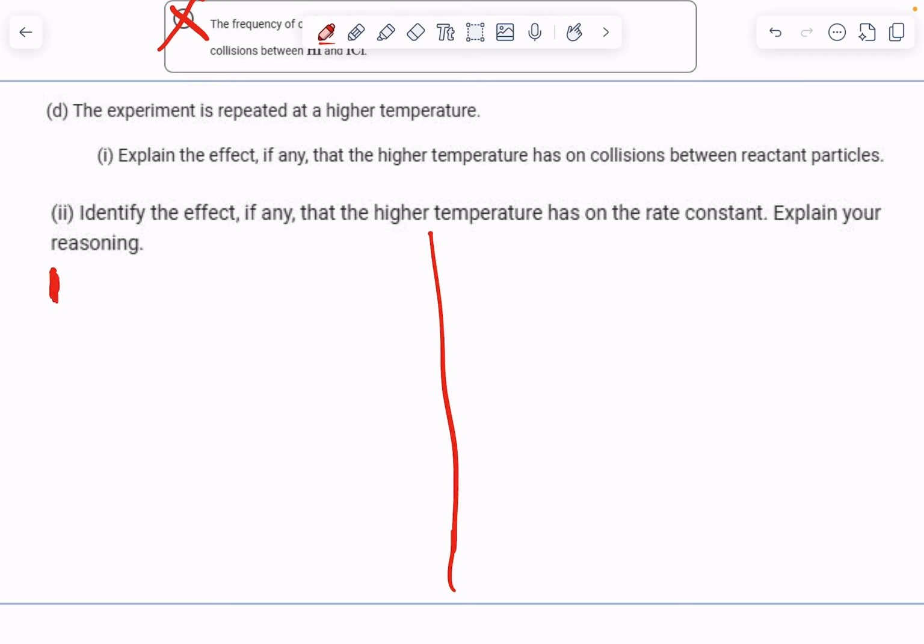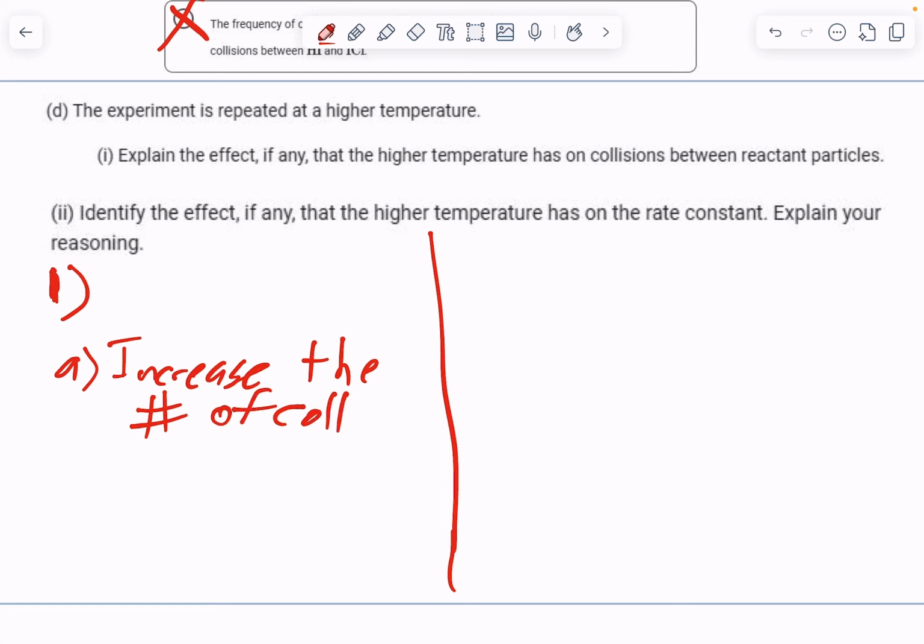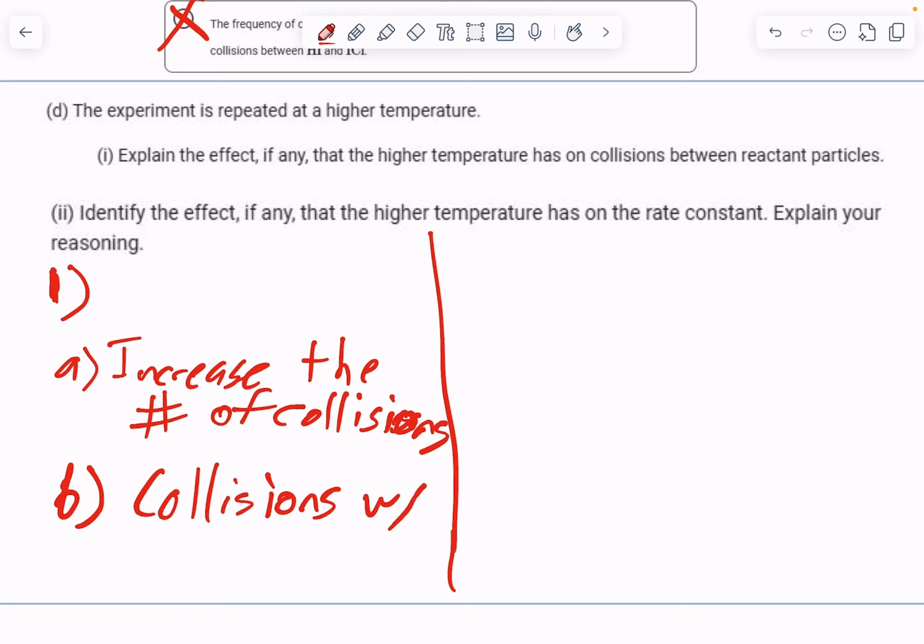So higher temperatures, what is it going to do? There's two things it can do. It can increase the number of collisions by having higher temperatures. Or you can talk about how the collisions will have more energy. These are your two possible choices.